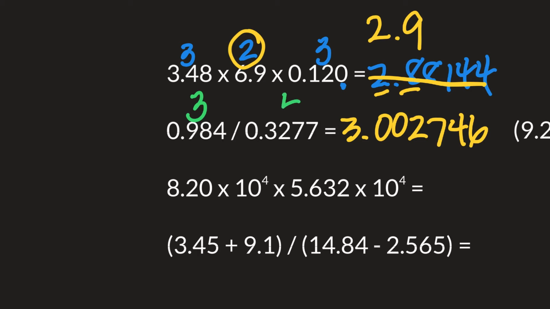This number here, hopefully you agree that is 4 sig figs. So because this is 3 sig figs, we can only go to 3 sig figs. So that would be 1, 2, 3. I'm literally going to chop off the rest. The next number was a 2. And so 3.00 is the final answer.